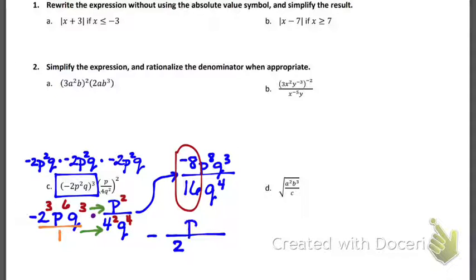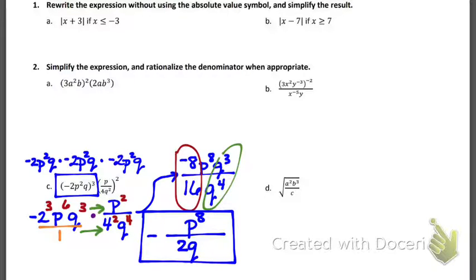So I'm just going to have p to the 8th in my numerator. What about my q's? Will they reduce at all? Yes. What am I going to have? Just q. Top or bottom? Bottom. There's more q's down there so that when I reduce it, there will still be q's in the bottom, but all the ones in the numerator have canceled out.